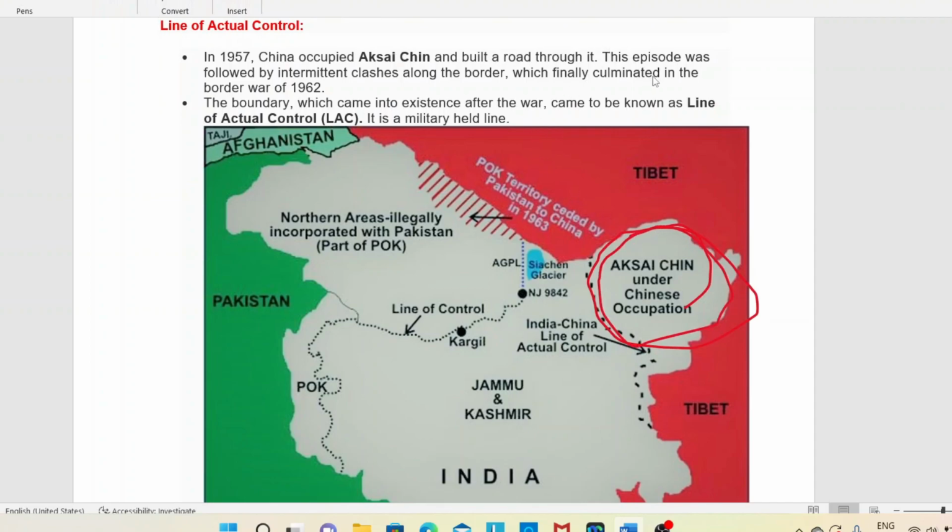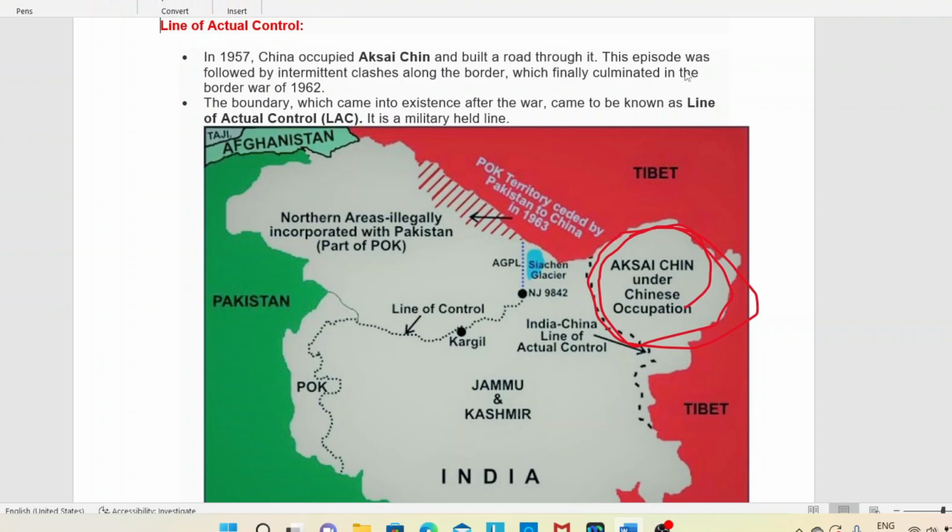This episode was followed by intermittent clashes around the border, which finally concluded in the border war in 1962. The boundary which came into existence after the war came to be known as the Line of Actual Control.